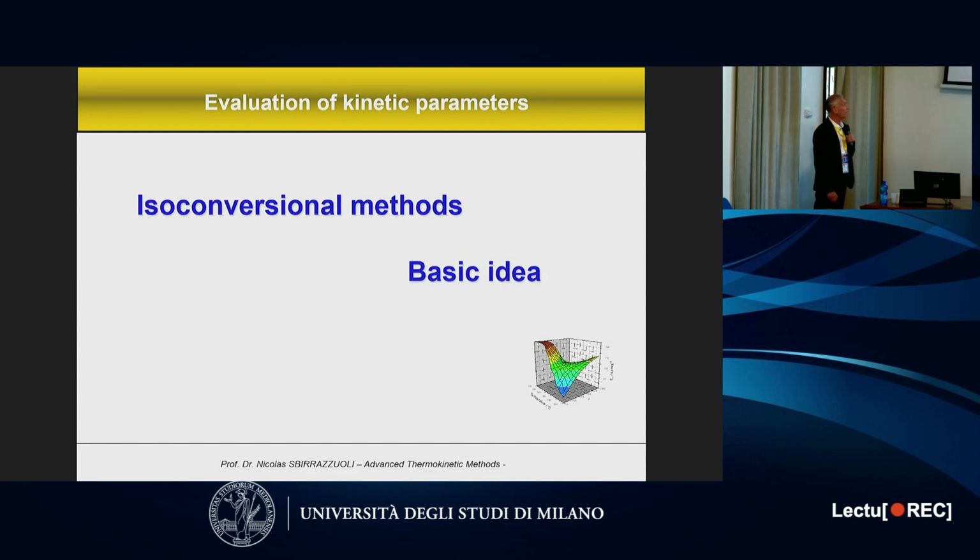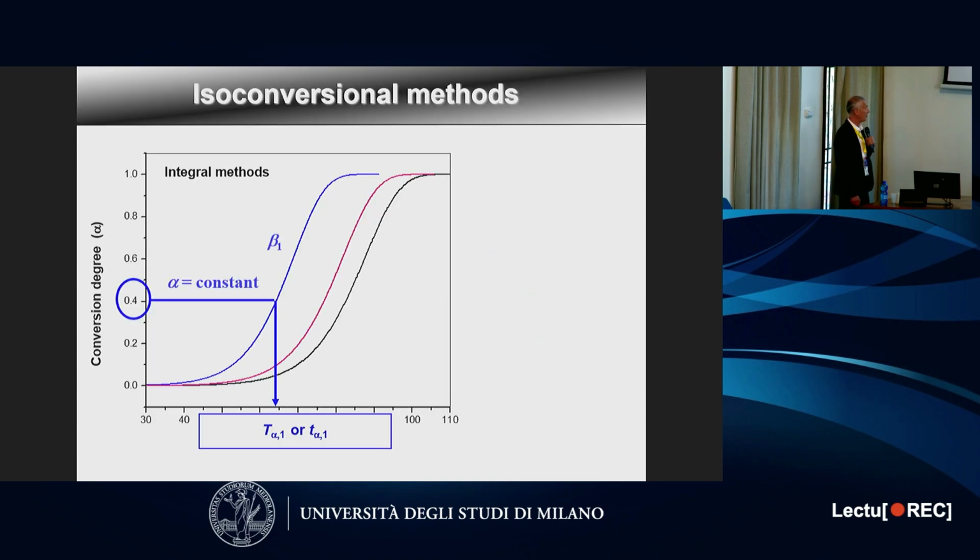Briefly, for model-free kinetics, I am using what we call isoconversional methods. With isoconversional methods, we do not treat only one curve, one heating rate. We use several heating rates or cooling rates. Here you have the integration, but we can work with differential data. If you have integrated data, you have the extent of conversion. You select one constant value of this extent of conversion, and you look at the temperature or the time according to the method you use.